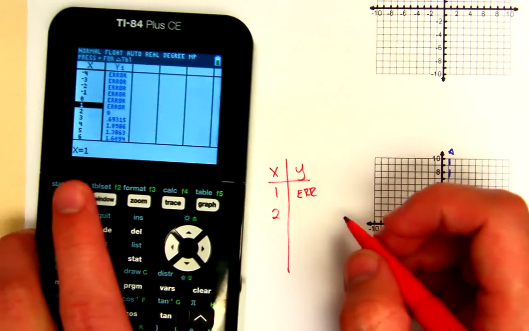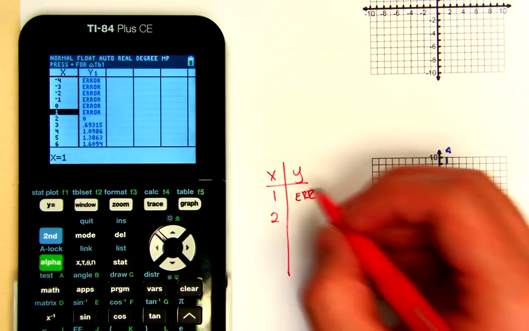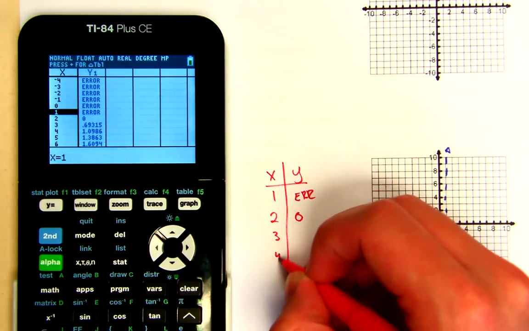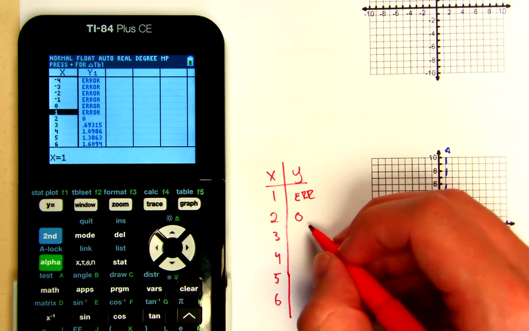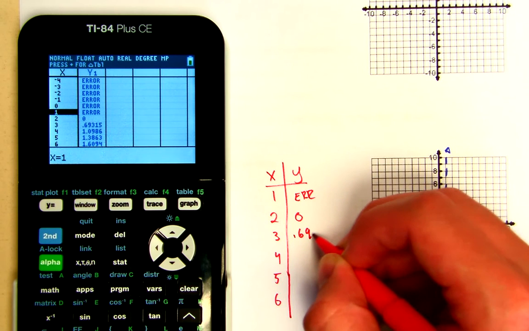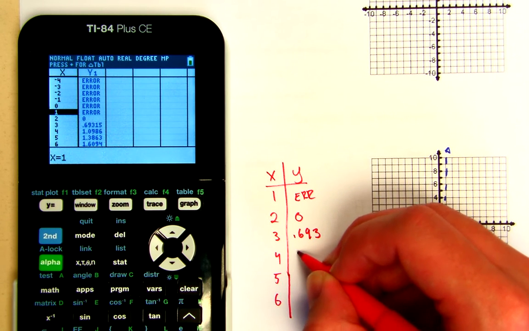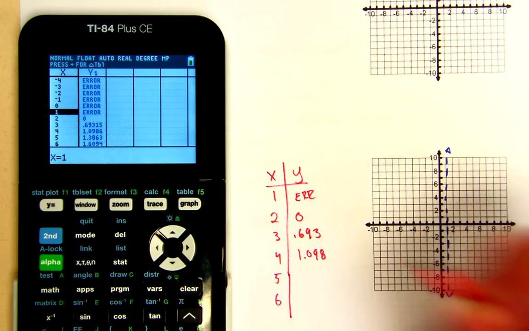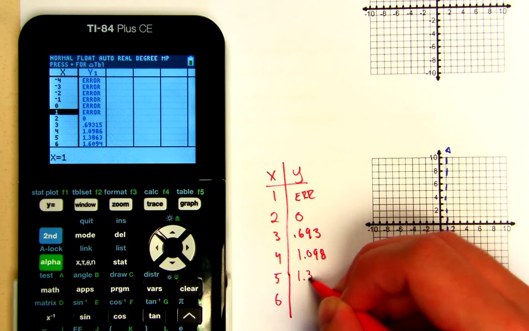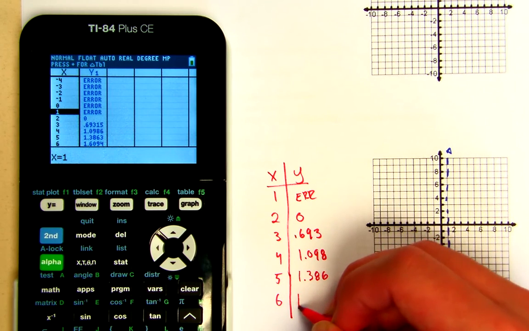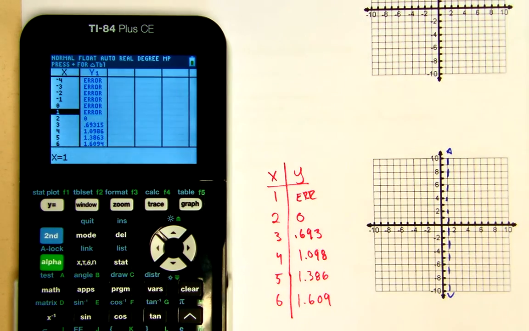And 2 is at 0. 3, 4, 5, and let's go to 6 for this one. 3, we're at 0.693. 4, we're at 1.098. 5, we're at 1.386. 6, we're at 1.609.